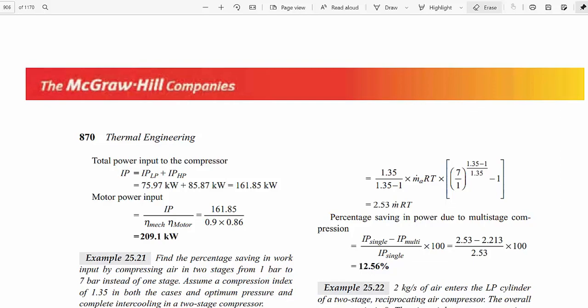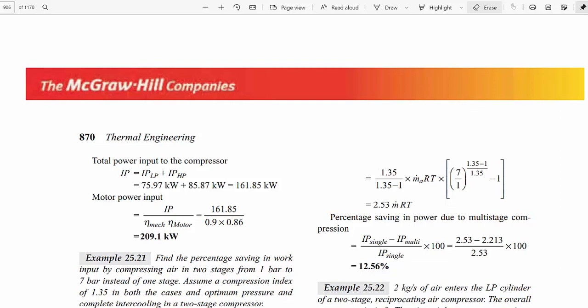Substitute the mechanical efficiency and motor efficiency available in the problem, and we will get motor power input equal to 209.1 kilowatts. For 161.85 kilowatts power output, we must give 209.1 kilowatts power, because in between these stages, shaft and motor efficiency are the main drawbacks that reduce the output power from the input.